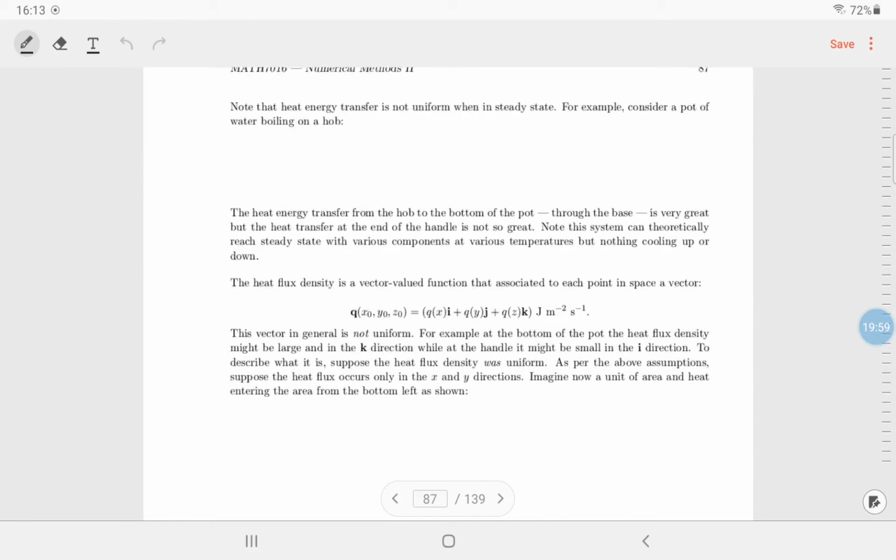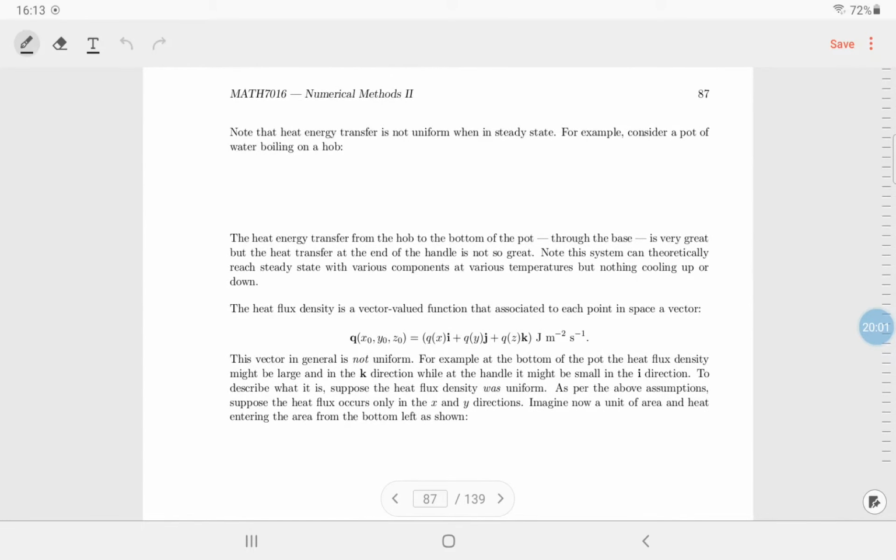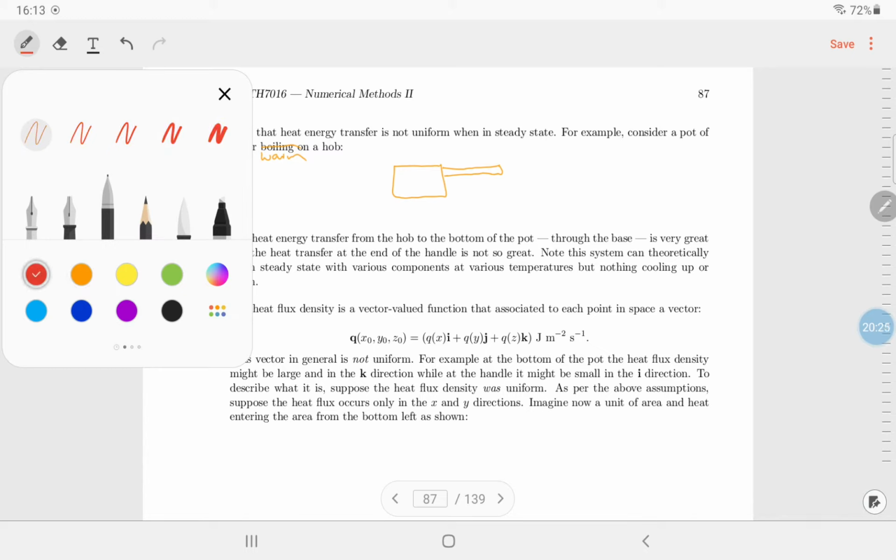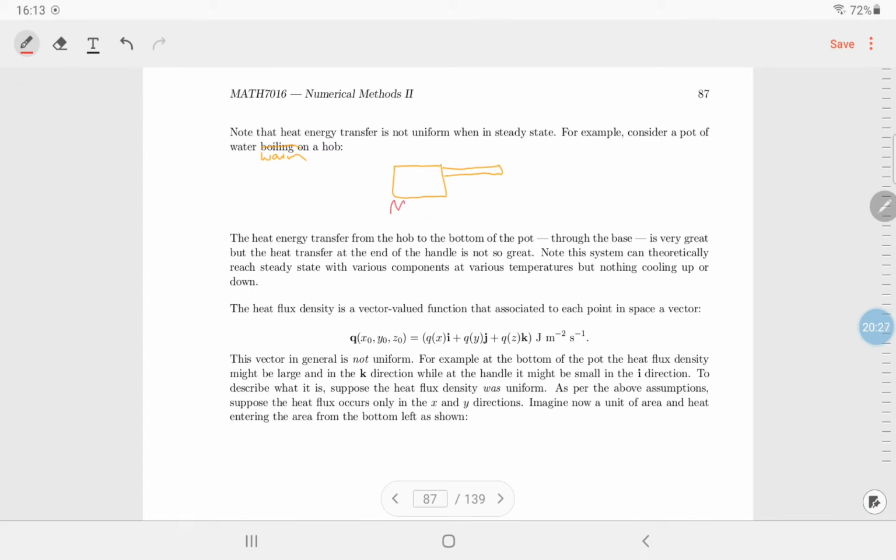So heat energy is not uniform when in steady state. This is something we spoke about. So imagine now maybe the water isn't boiling but warm, because if it's boiling you've got issues there, don't you? So there's the pot, there's the handle, here's the heat, say it's fire, and a bit of water.